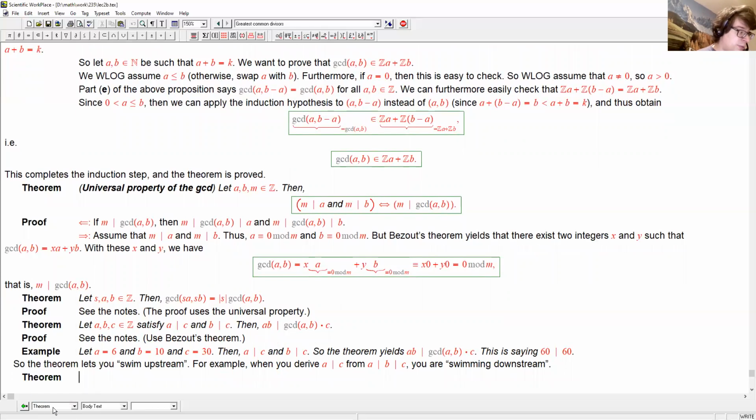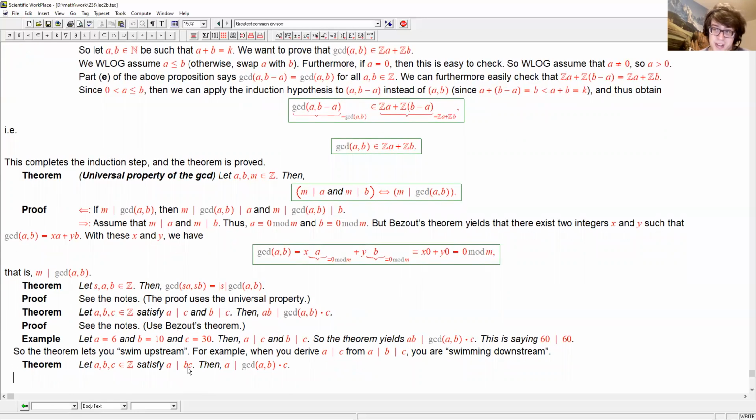Here's another one, and this one is actually a little bit easier. Let A, B, C be integers satisfying A divides BC. Then A divides GCD of A, B times C. Again, this is swimming upstream because GCD of A, B is a divisor of B. So you're having something stronger here than you have here.